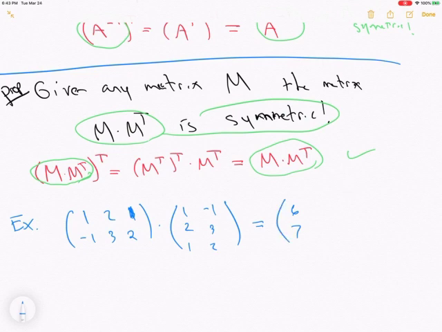Then you get minus 1 plus 6 plus 2 is 7, and here you get minus 1. Now you're just doing the dot product, so that gives you 1 plus 9 is 10 plus 4 is 14. So this is clearly symmetric.